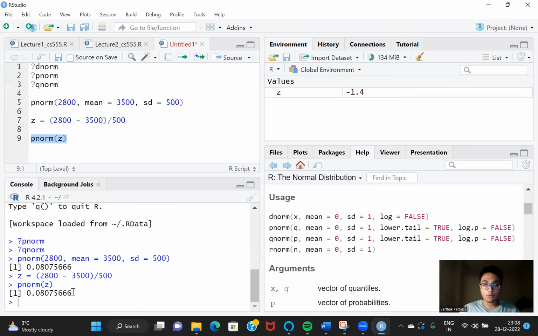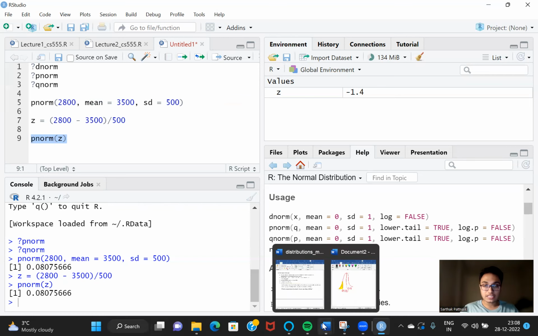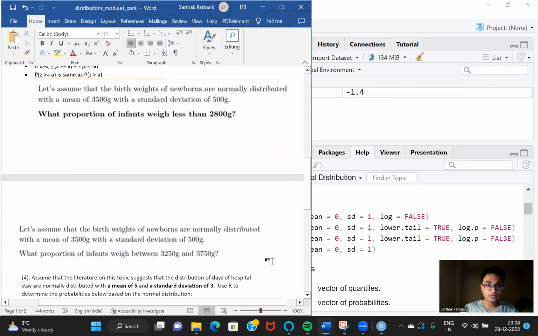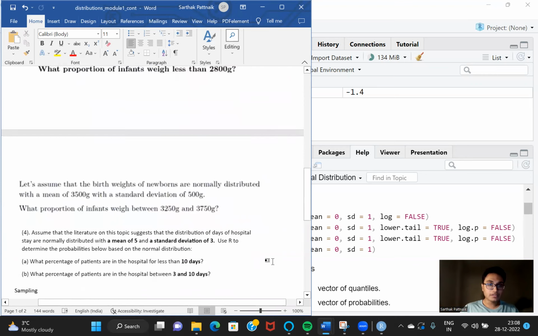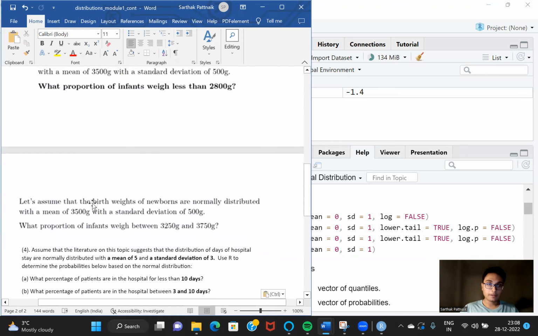Now that this problem is done, we'll go to a few more examples. This will be an interesting example. Let's assume that the birth weights of newborns are normally distributed with a mean of 3,500 and a standard deviation of 500.